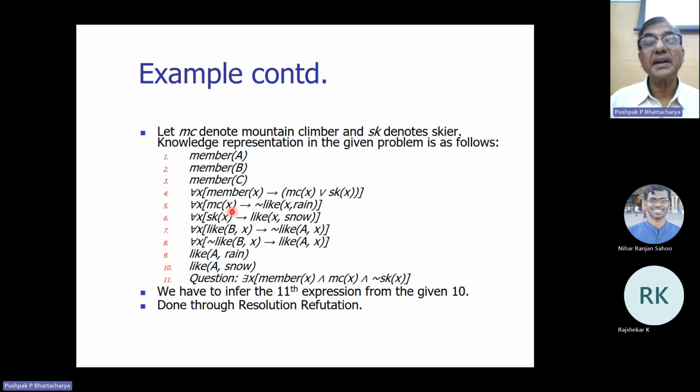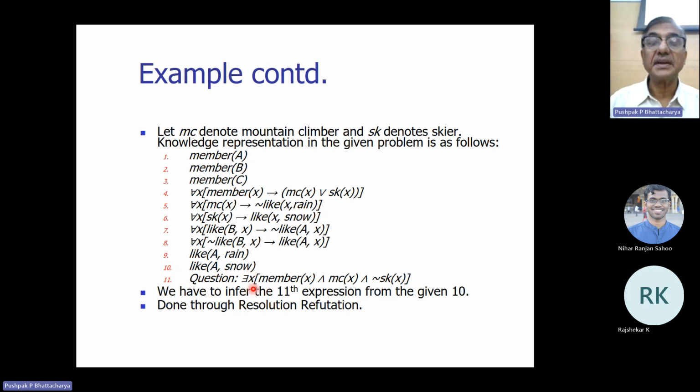For all x, mountain climber x implies not like x rain. No mountain climber likes rain. For all x, skier x implies like x snow. All skiers like snow. For all x, like B x implies not like A x. If B likes something, A does not like it. And if B dislikes something, A likes it. Like A rain, A likes rain. Like A snow.